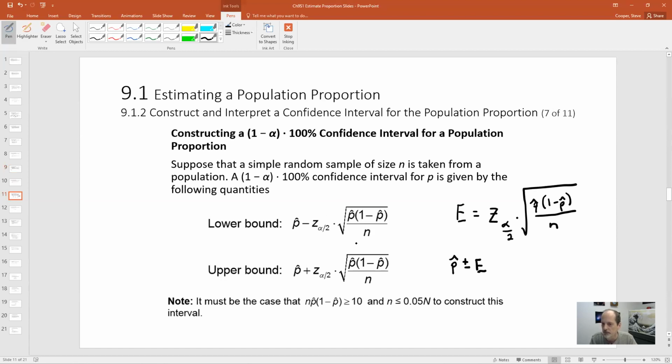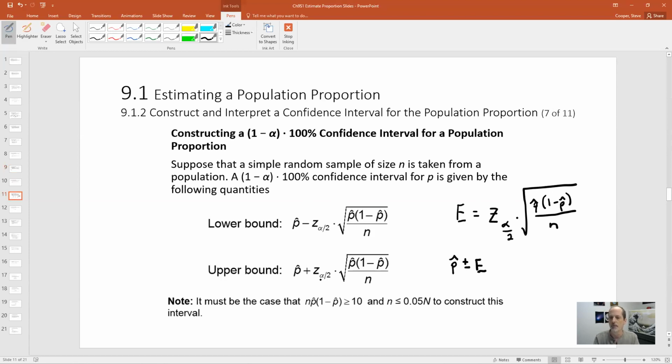If we let this portion be called E for the margin of error, we subtract it from p hat and we add it to p hat, then we've got the bounds of our confidence interval. And whatever alpha is will determine the level of confidence.